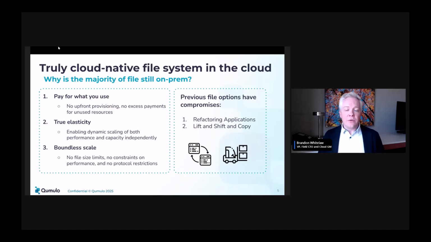Ultimately, this leads to customers avoiding what previously was inhibiting file workloads from moving to the cloud, which was expensive and lengthy refactoring of applications, or lifting and shifting applications and not really maximizing the true potential of being cloud native. So we like to joke that our engineers did the hard right thing over a number of years to re-platform Qumulo to be cloud native so that you don't have to, for your applications to get all that benefit, and just really accelerating that adoption.